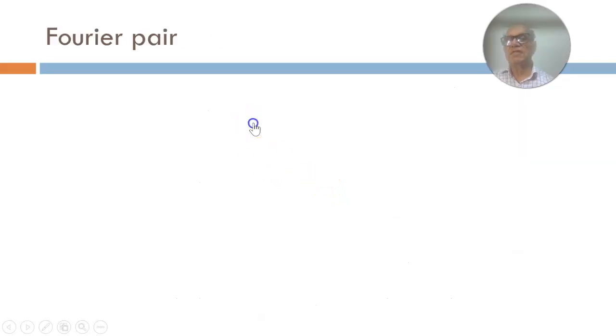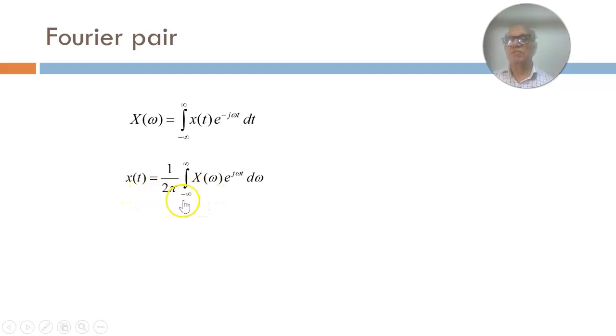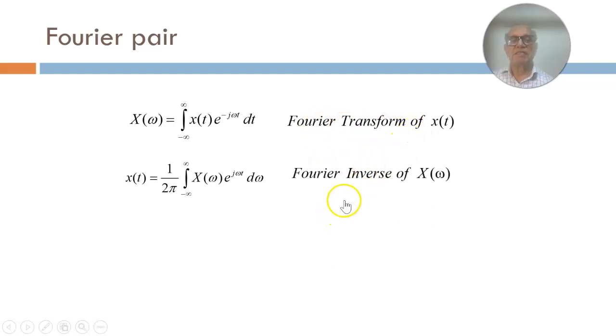So what are the results now? To summarize, x omega, which is the Fourier transform of xt, is given like this, and xt, which is the Fourier inverse of x omega, is given by this equation.